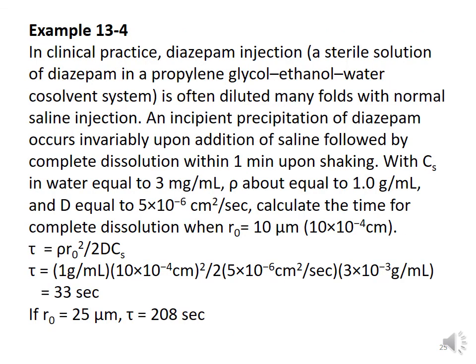This is an example of how the estimated time for complete dissolution is calculated based on the Higuchi-Hiestand model, which assumes that the thickness of the aqueous diffusion layer equals twice the diameter.